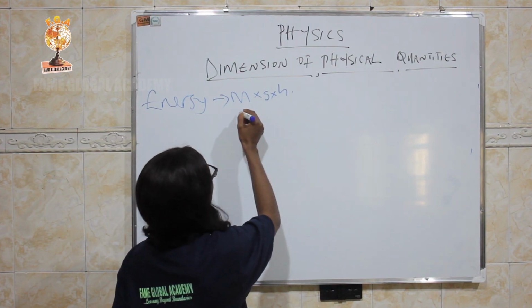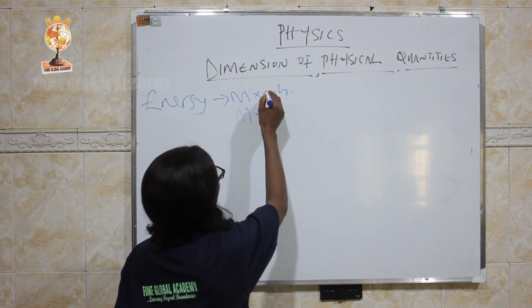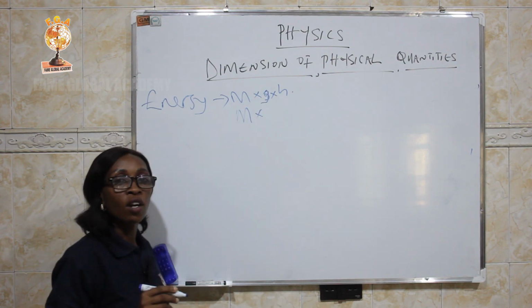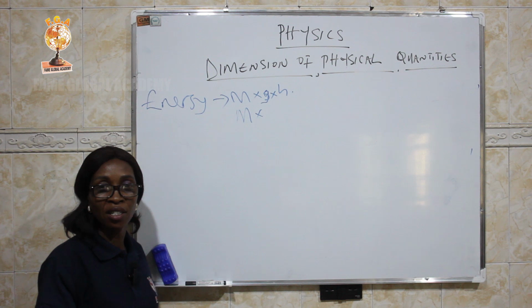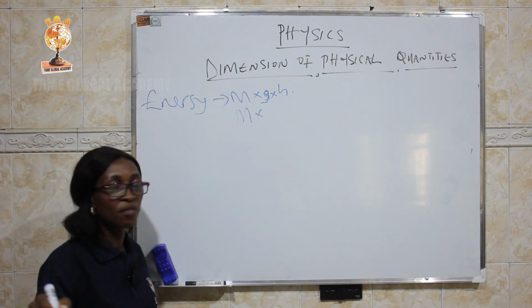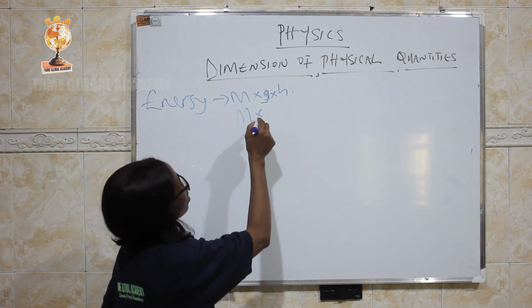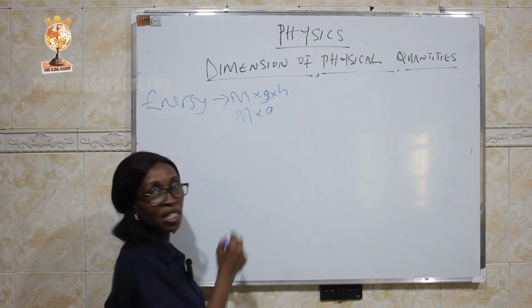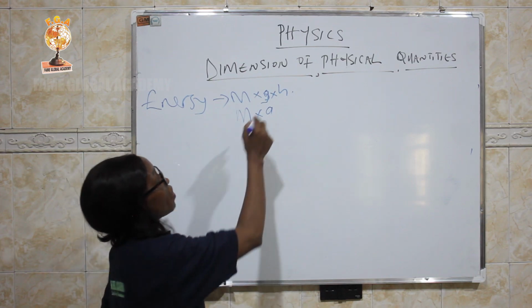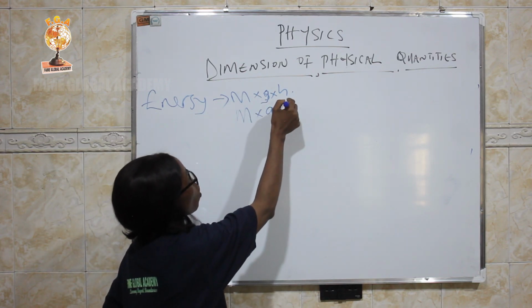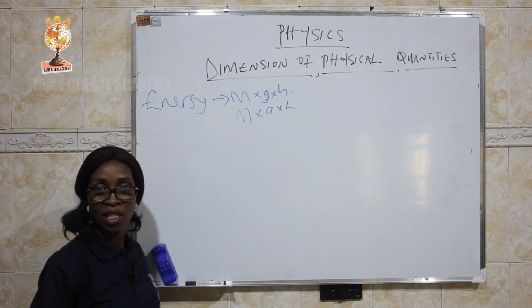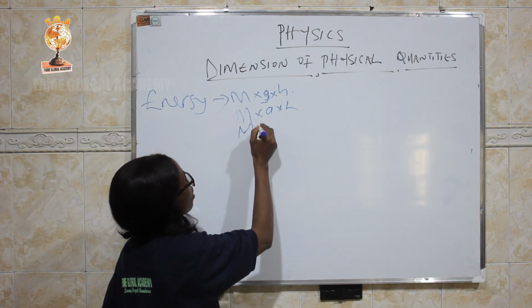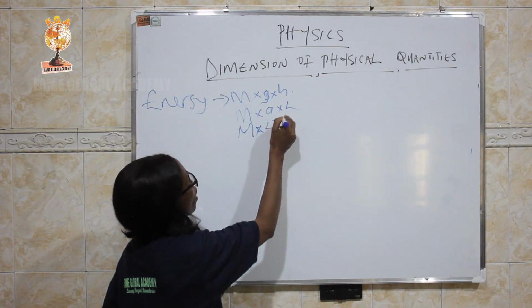In mgh, gravity is the acceleration due to gravity, and when it comes to dimension, gravity is the same thing as acceleration, LT minus 2.